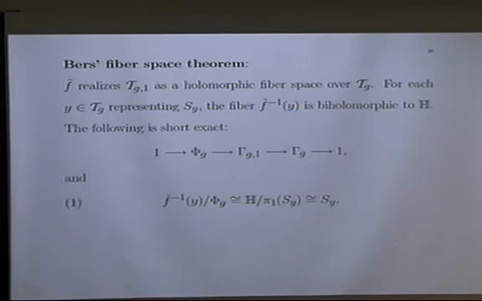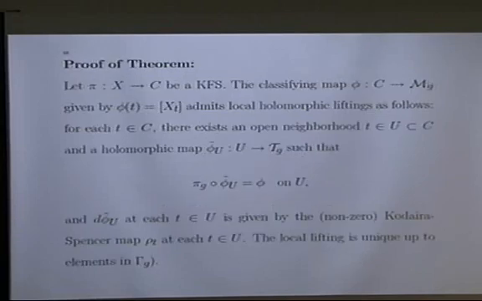Once you have that, you don't really need to construct anything. Now you take a Kodaira fibration surface, and you look at the classifying map. As a base space, C, you map it to the moduli space, and you had better lift it to the universal cover.